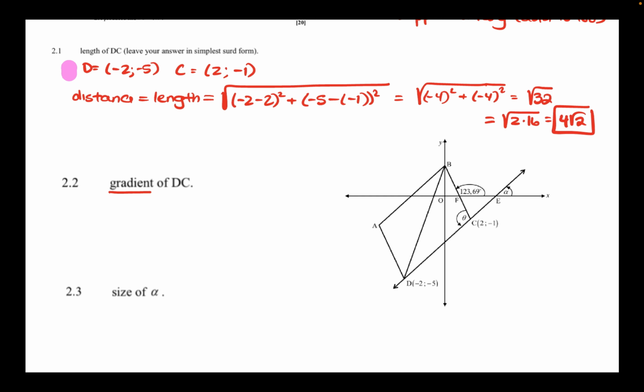2.2, the gradient of DC. The tangent of an angle is equal to the gradient of a line that goes with it. So if we look at our diagram, the angle alpha is the angle of inclination. The gradient of DC is just the slope.